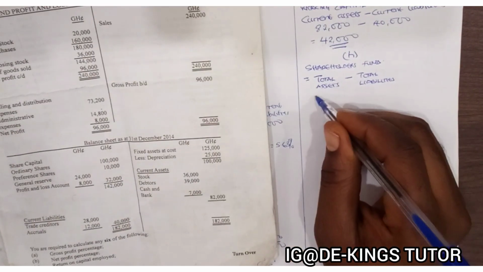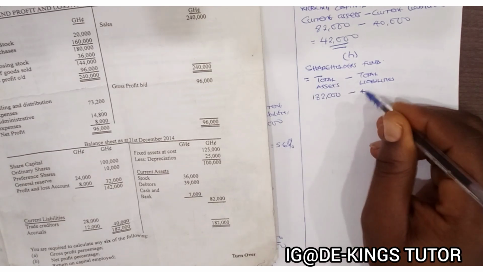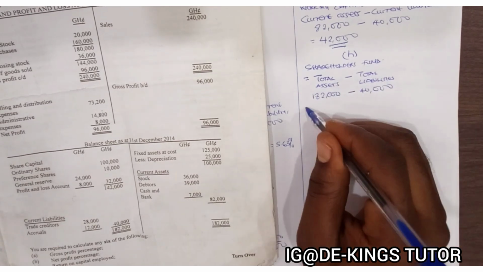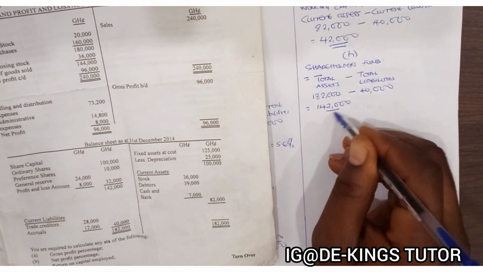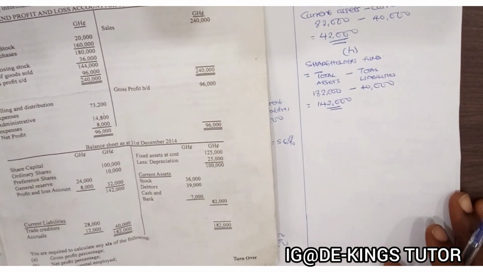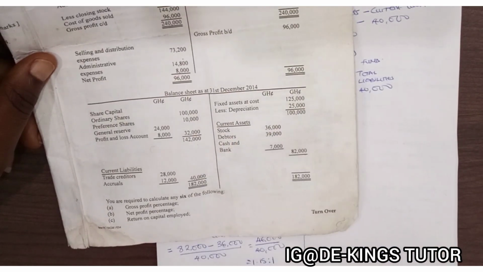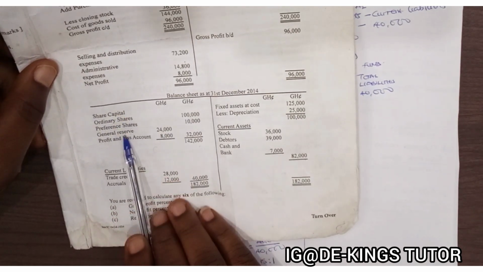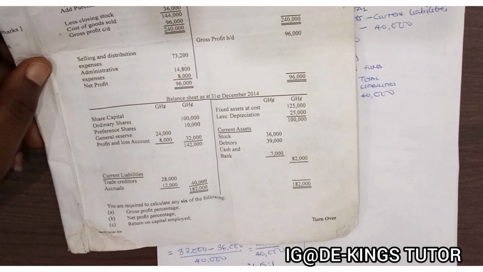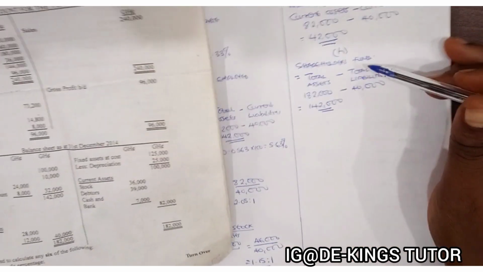So it will now be 182,000 minus 40,000, which will give us 142,000 as the shareholders fund. Okay, which is the same thing as adding all the capital and the retained earnings. So that is the shareholders fund.